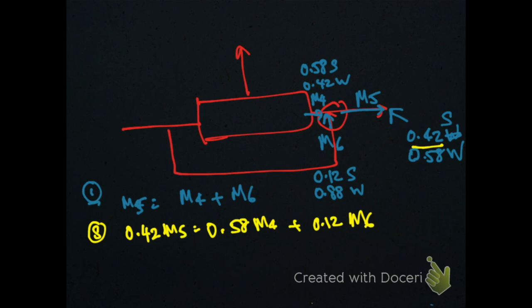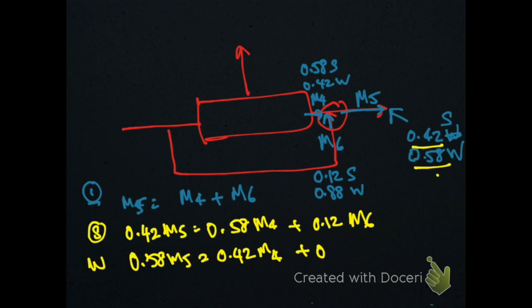Okay, so this is another equation. And then how about water? So for water, we also have 0.58 M5 equals to 0.42 M4 plus 0.88 M6.